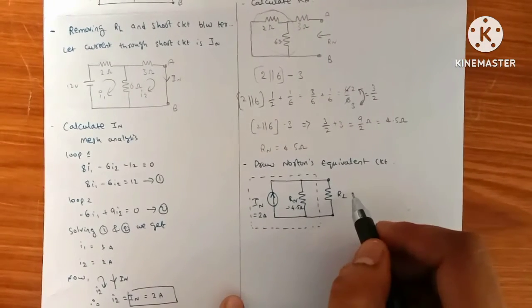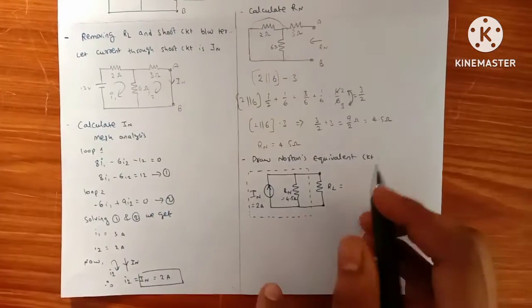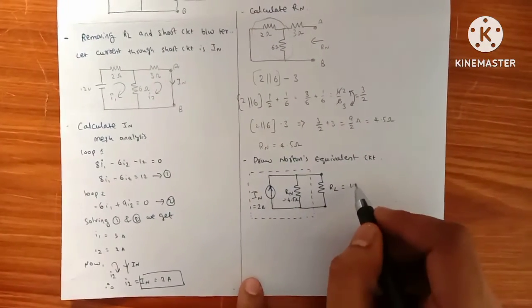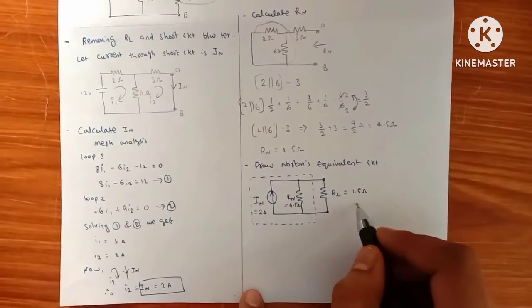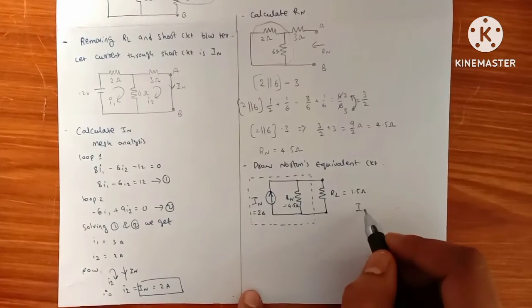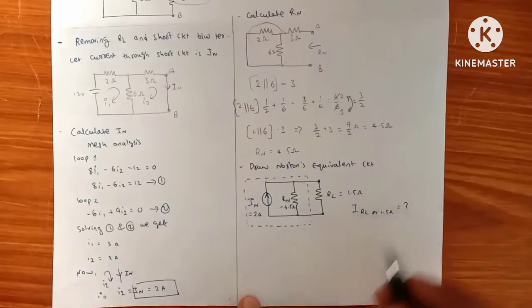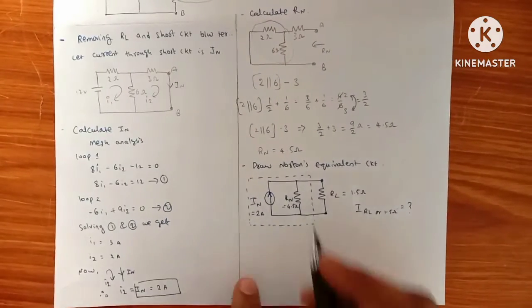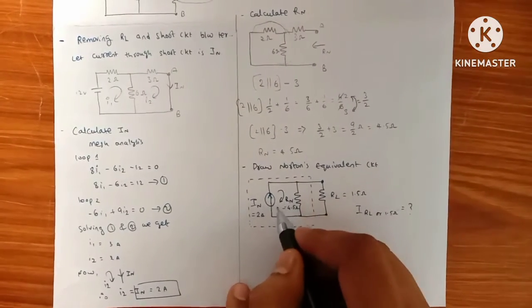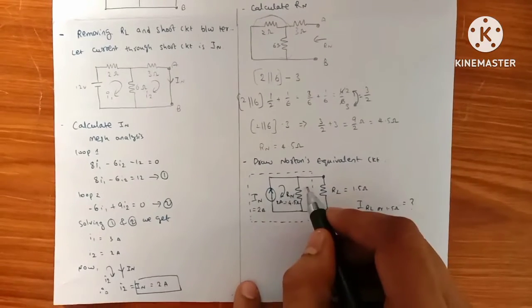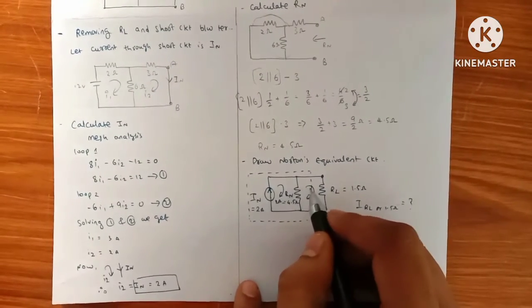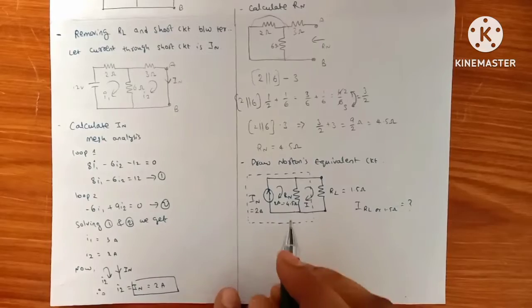RL is given as 1.5 ohms. We are asked to find the current through this RL. Here the current through this loop is 2 amps. Let us take the current through this loop as I.